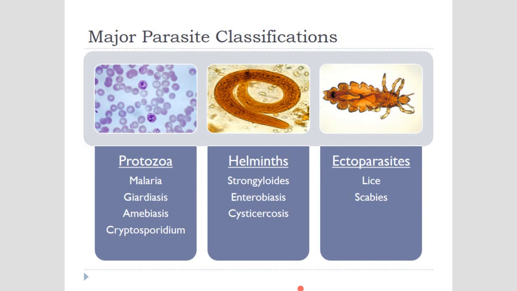As far as ectoparasites are concerned, lice and scabies are also here. Interestingly enough, we don't teach you, but the CDC also considers these two as STDs, so there are always chances for people to acquire these two infestations from sexual contact. So these are the major classifications.